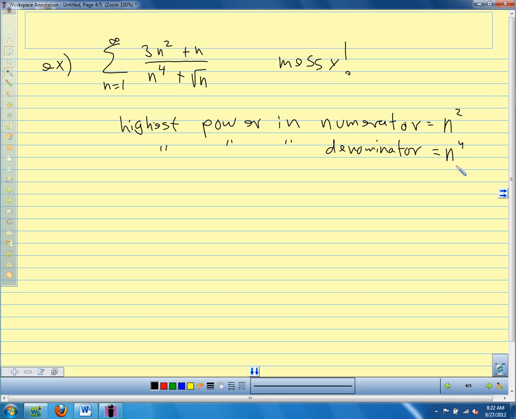So I'm going to compare this with n squared over n to the fourth, which is just 1 over n squared. And what kind of series is this? Convergent P series?